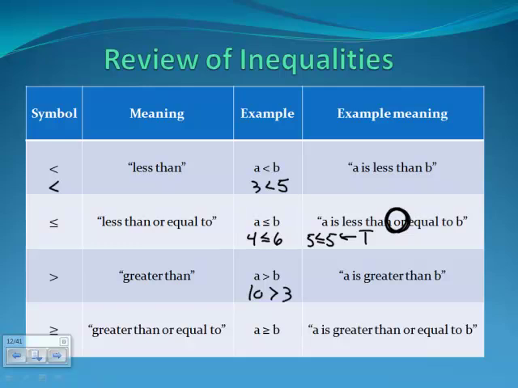Greater than or equal to, again, 10 is greater than or equal to 3 is a true statement. So would 3 is greater than or equal to 3. That's also true. Again, it doesn't have to be both. It just has to be one or the other. And if you are rusty on those inequalities, that's something you want to review as well.